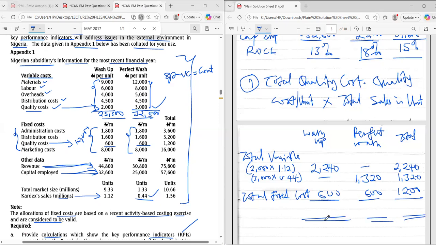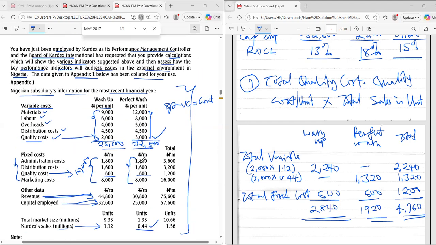That's the total quality cost. The second one is 1,920. Then let me add everything here for the total. That's 4,760.